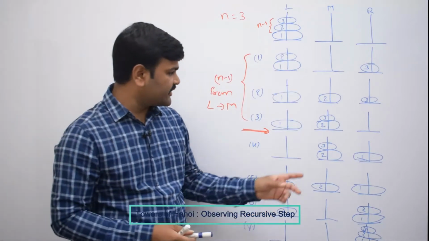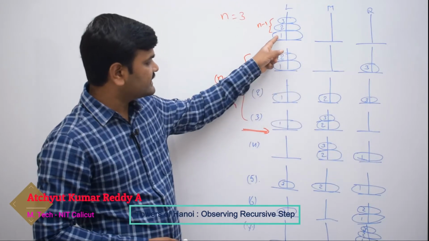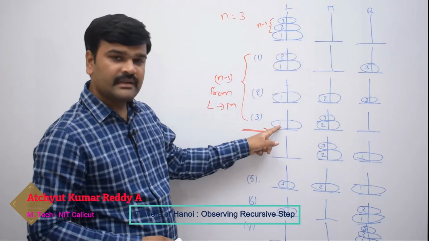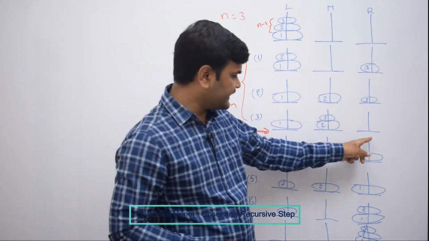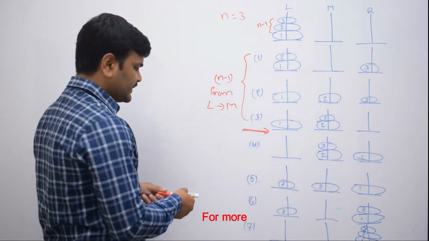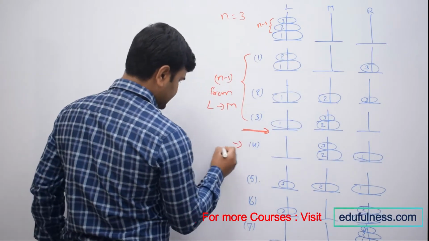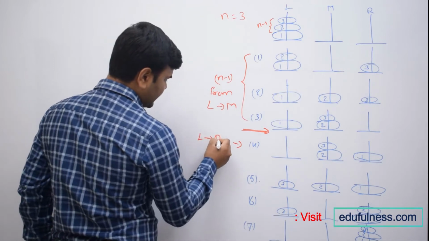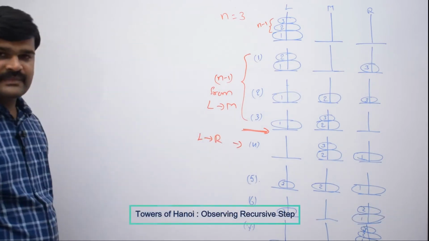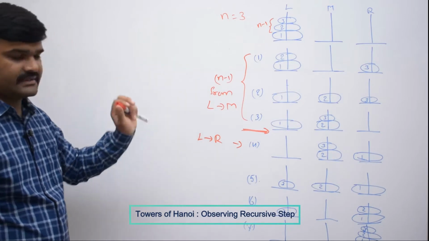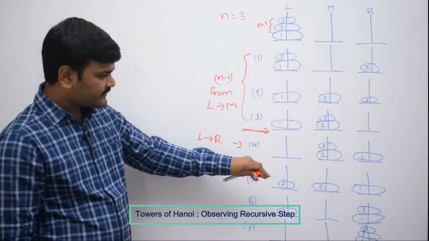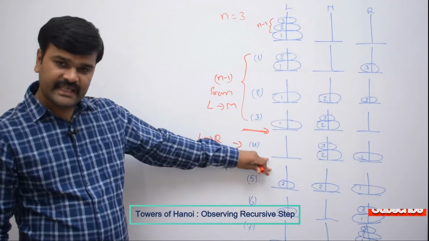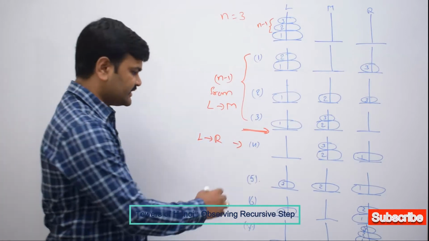After this, what are we doing? We are shifting this first disk from the left tower to the right tower. That is the main thing here, left tower to right tower, only one disk, number 1. So after the fourth step, this is the status.